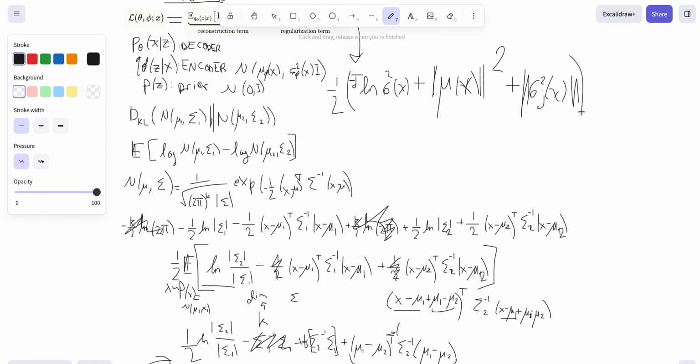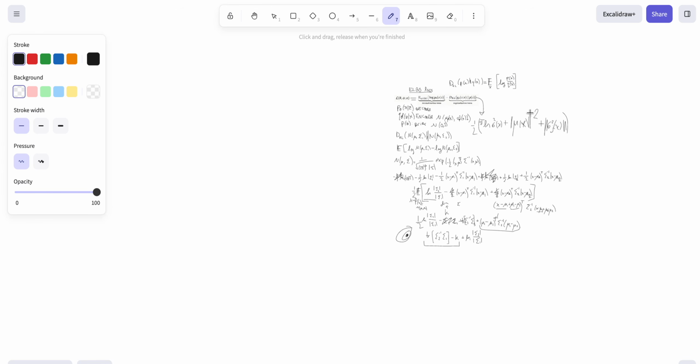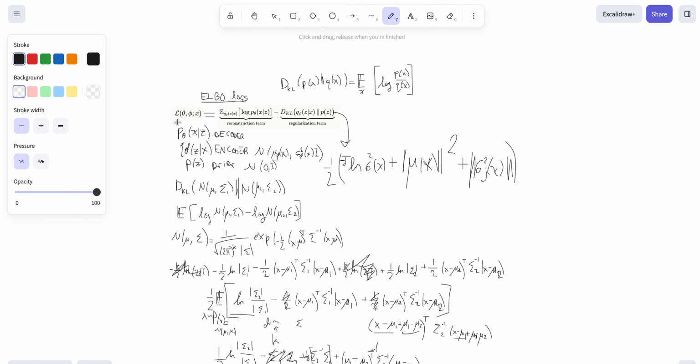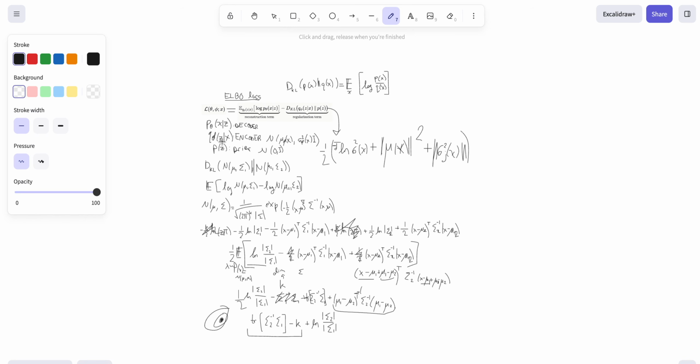Yeah, and so this describes our Kullback-Leibler divergence for the ELBO loss function.